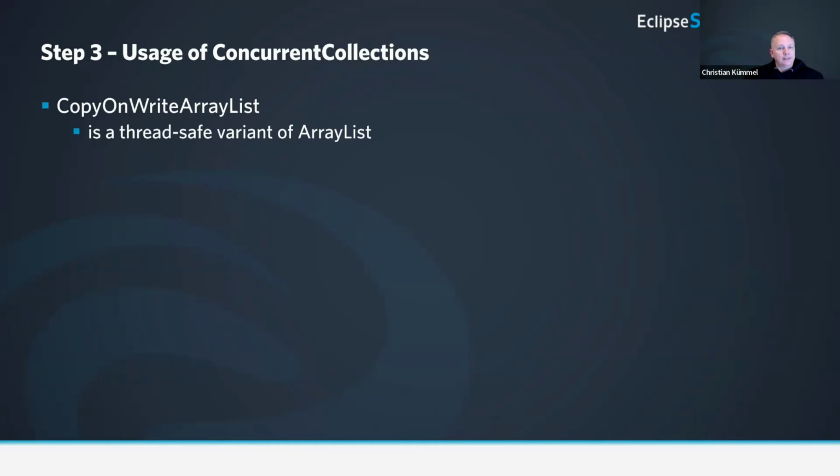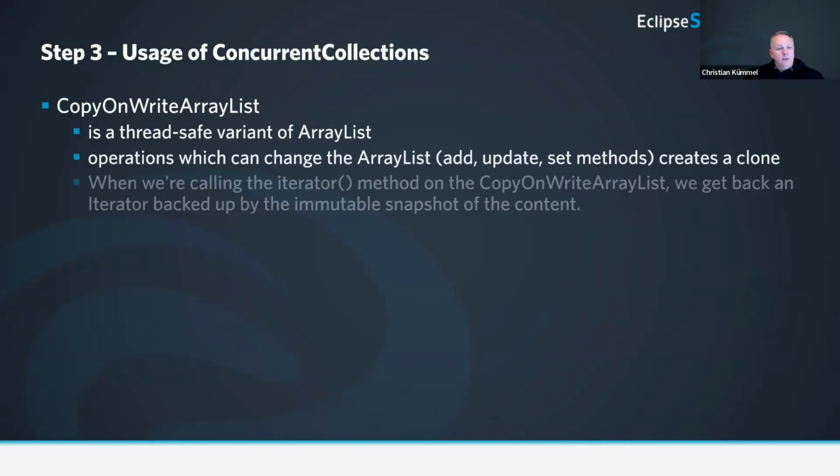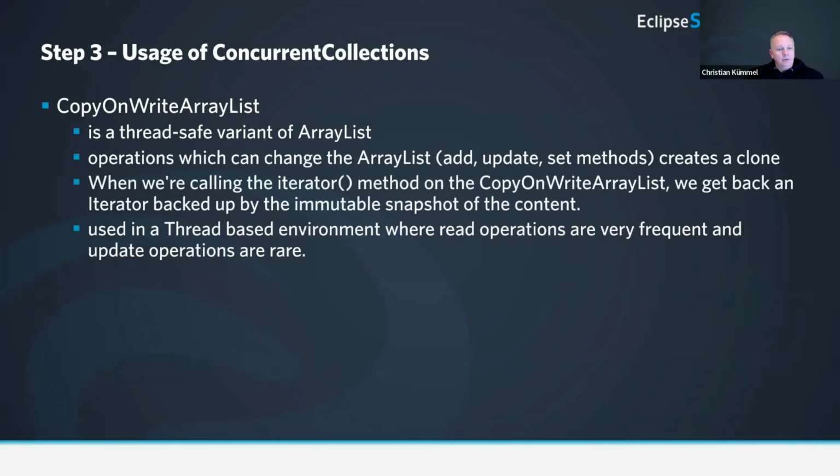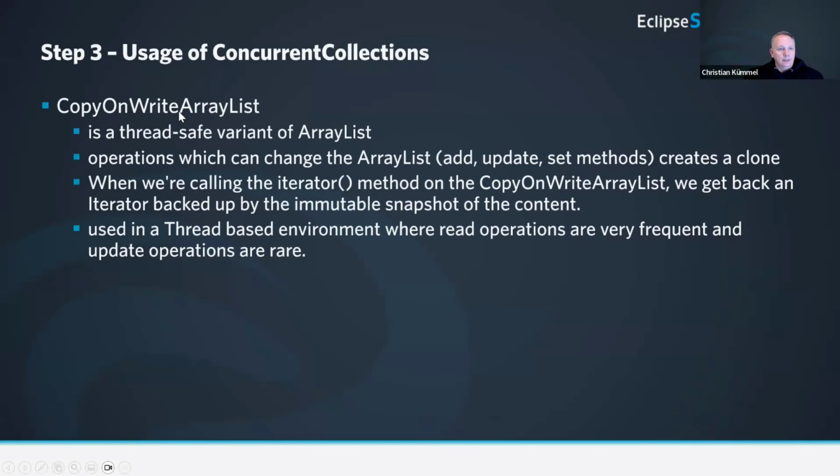It's also a thread safe variant of array list, but the same applies here. You have to take care about not storing that much data in it and writing to it, because if this copy on write array list is growing more and more, it will be a lack of performance at the end. So it's quite a slow solution. And that's why this is step 3, in my opinion.